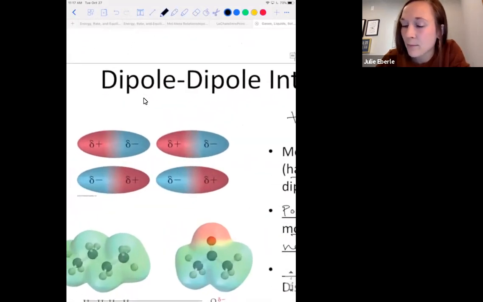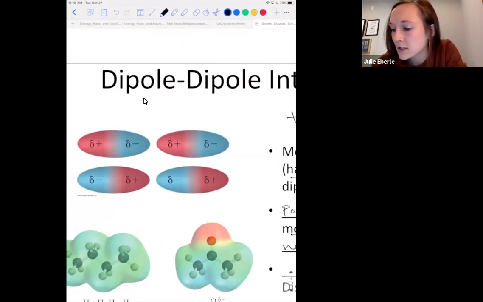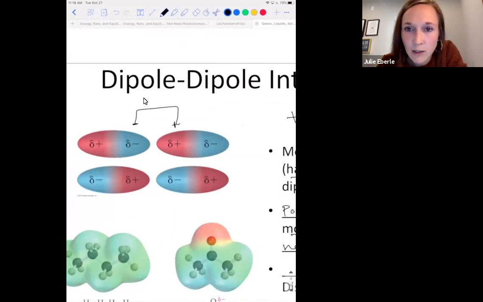So if we have polar molecules, we can assign a semi-positive portion and a semi-negative portion with the little delta signs you see. Between neighboring molecules, the negative side lines up with the positive side of another one, and they orient themselves this way. Here you just see 4 individual molecules. Imagine this with 1,000 molecules, or 1,000,000 molecules. They would all orient themselves.